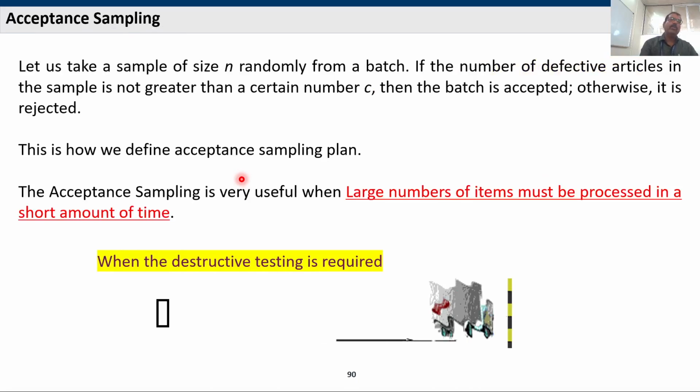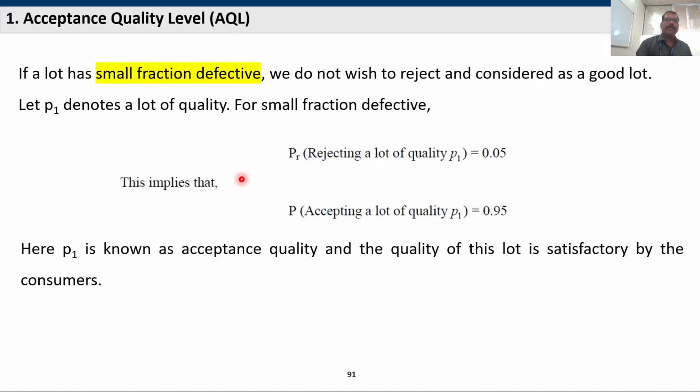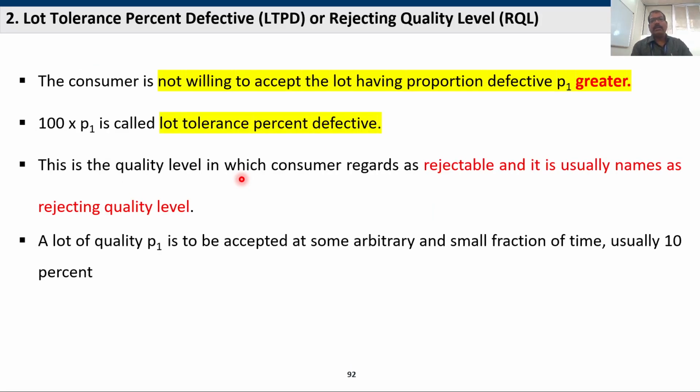Then why we need to do acceptance sampling, and when: when you have a large number of items, lot or batch, or when destructive testing is needed for your components, then you have to go for acceptance sampling. In terms of acceptance sampling, you need to set your acceptance level, either acceptable quality level or rejecting quality level, like two parameters are there.